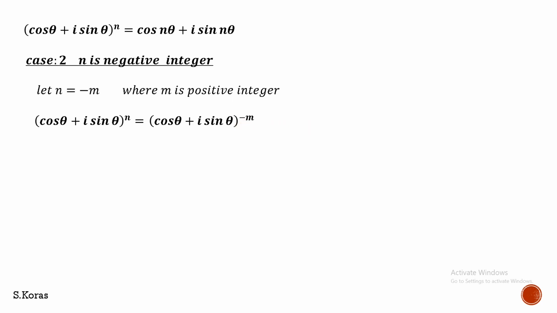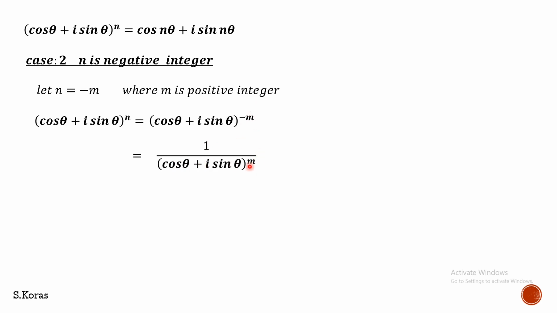How to proceed? Let us not proceed with a negative integer, because already we have the proof for a positive integer. So let us try to make this a positive integer. According to the formula, a power minus m can be written as 1 by a power m. So we have done that: 1 by (cos theta plus i sin theta) to the power m, and minus m becomes plus m.